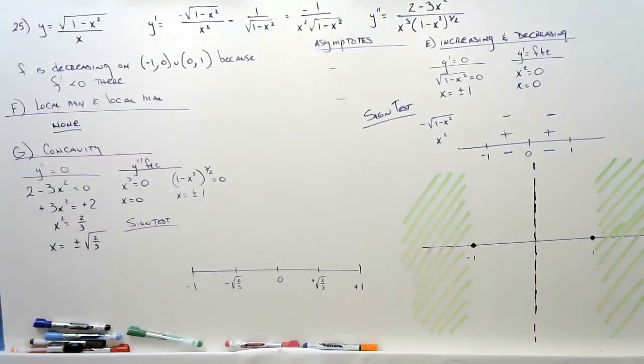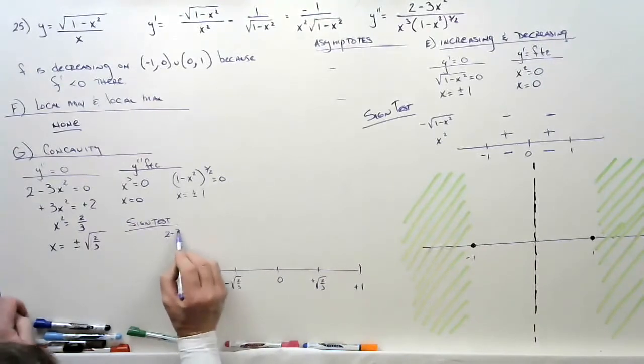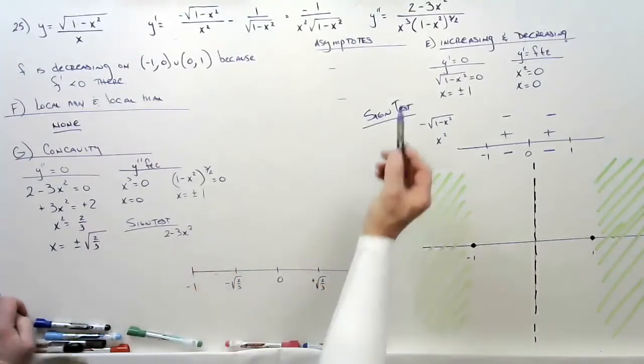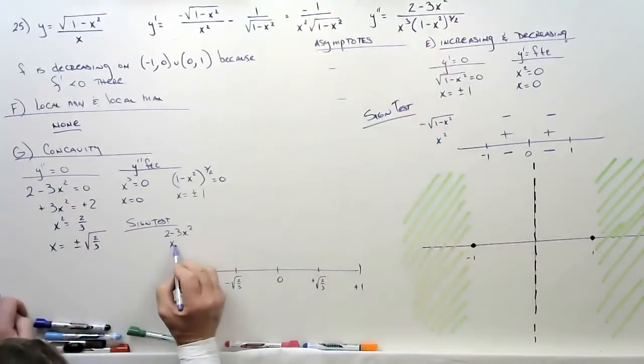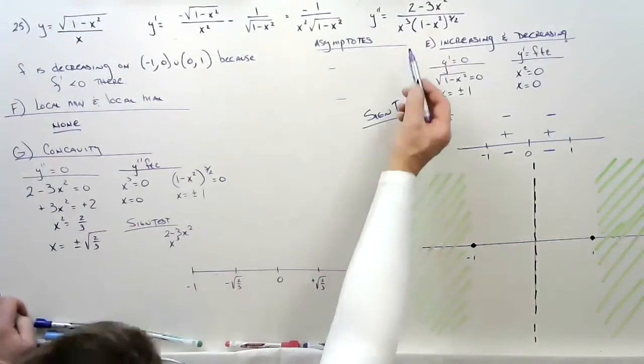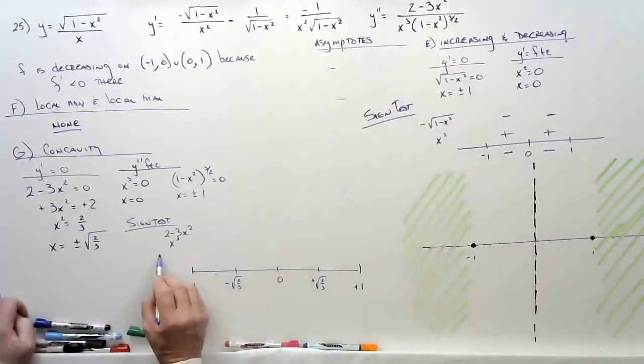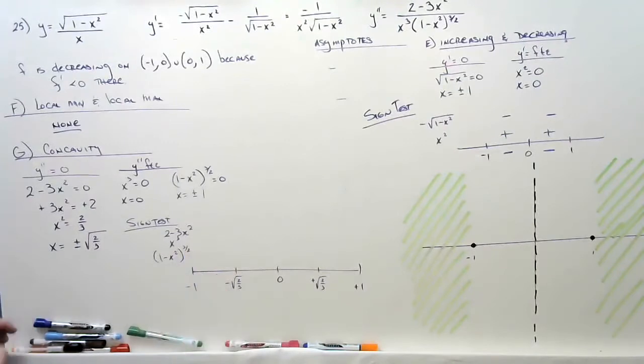Now, I get it. You don't know what number that is. I'm with you on that. Okay, don't panic. What do we have? We have 2 minus 3x squared, that's our first factor. We have x cubed, that's our next factor. And we have 1 minus x squared to the 3/2.